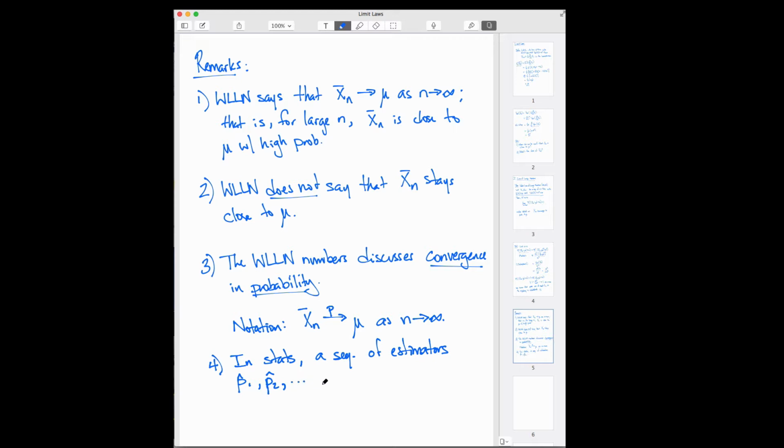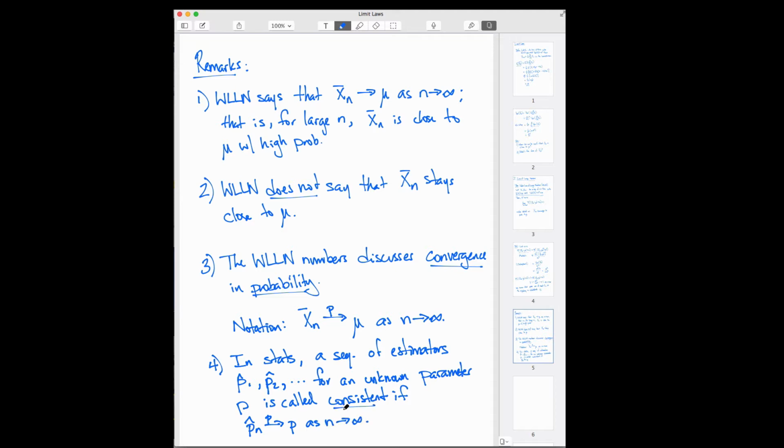So we have this sequence of estimators for an unknown parameter p, and that's going to be called consistent if our estimators converge in probability to the true parameter that we're trying to estimate.